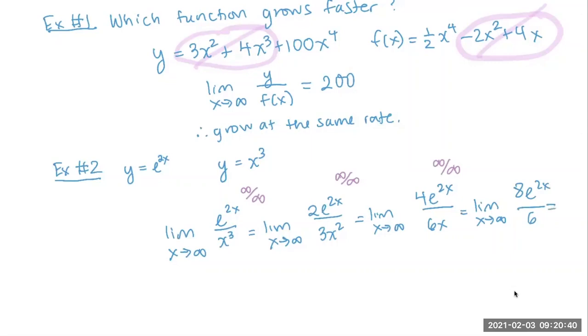So our answer for this one is infinity. And so it ends at that point, when L'Hopital's rule ends, when you get a definitive answer. In this case, it's infinity. And our conclusion, remember all of this was to conclude that the top grows faster. So y equals e to the 2x grows faster.